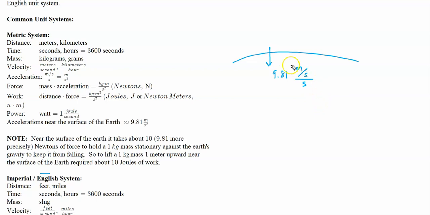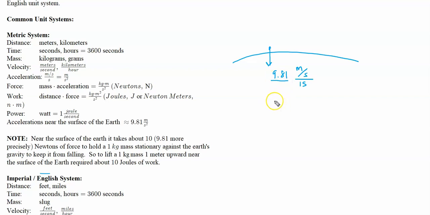Okay? So what that means is if you, near the surface of the Earth, drop an object, after 1 second, it will be traveling 9.81 meters per second. That will be its velocity after 1 second. Okay, after 2 seconds, you multiply this by 2.